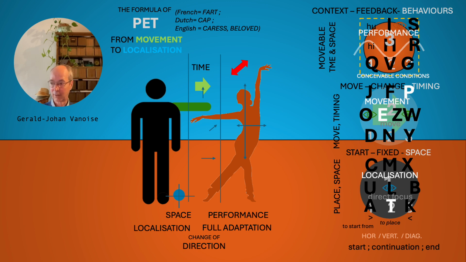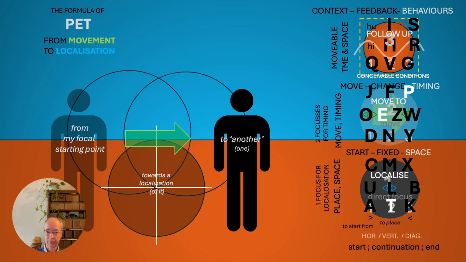And then I will also explain how it will have a common aspect of adaptation towards these positions. And basically, with pet, the first 2 letters are already about movement. So I will start in movement. There's also one letter of localization, so we'll go from movement to a certain localization where we can localize it.